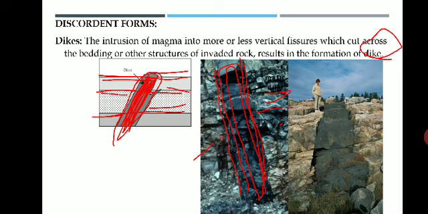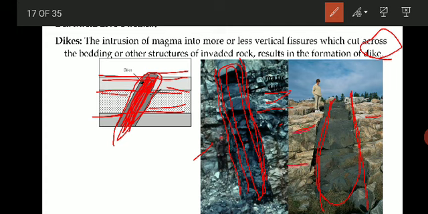These are the discordant bodies, the intrusion of magma into more or less vertical fissure-like structure. Here is one more image wherein you can clearly see the rocks on either side of this dike, and there is an igneous intrusion which forms a wall-like structure. The rocks on either side are sedimentary rocks, and there is an igneous intrusion in the form of a dike which is cutting across.